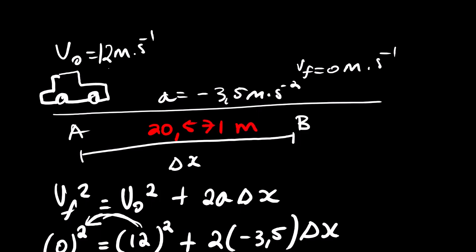If this car travels half the distance, from here up to somewhere here, half of 20.571, is the velocity at this point greater than 6 meters per second or less than 6 meters per second?